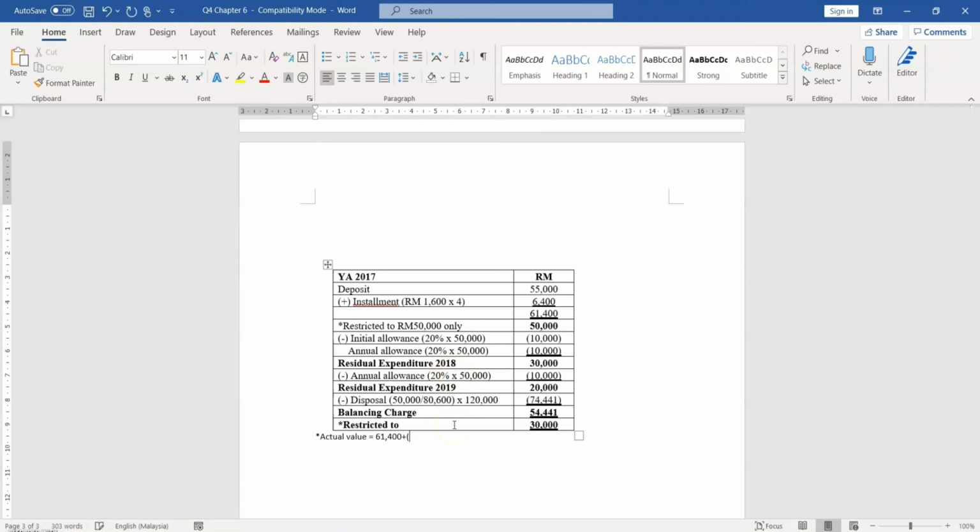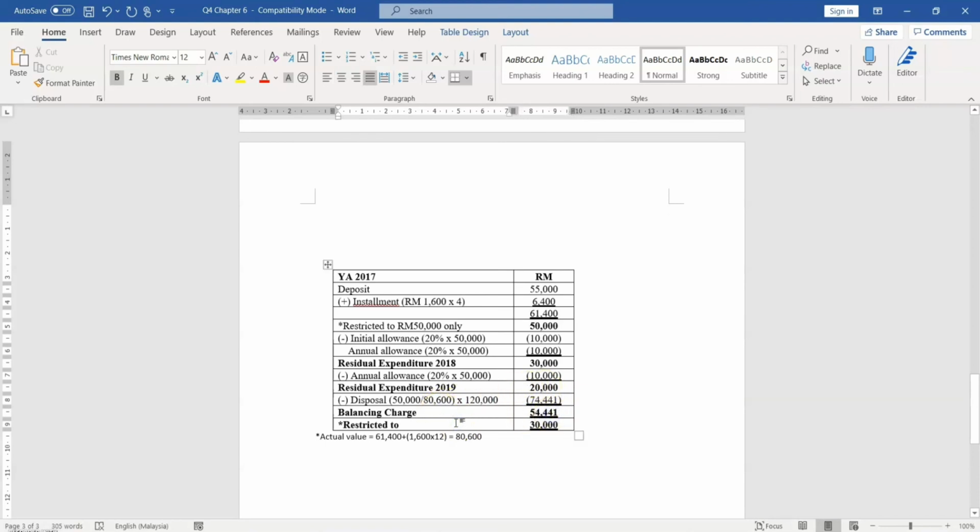So plus the installment times 12, and then we will get the 80,000 actual value. So we use the restricted divided by actual value times the sales price, disposal price, and we will get the disposal value. And then because the disposal value is higher than the RE, so we get the balancing charge.